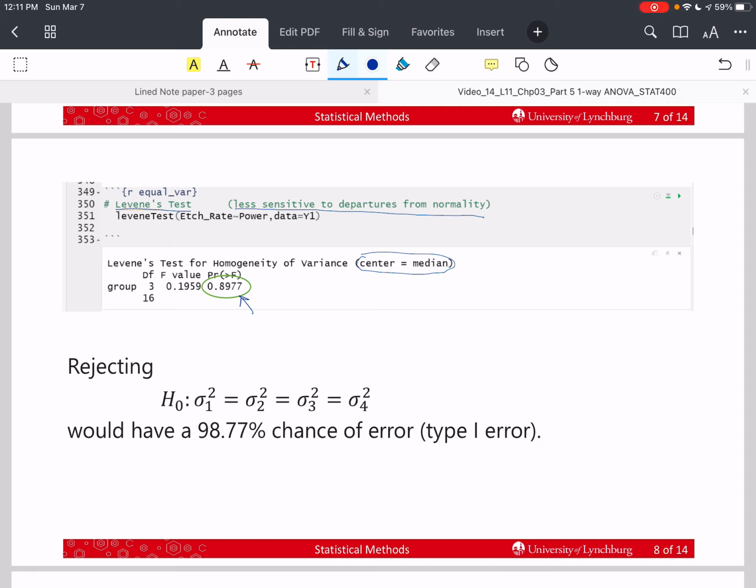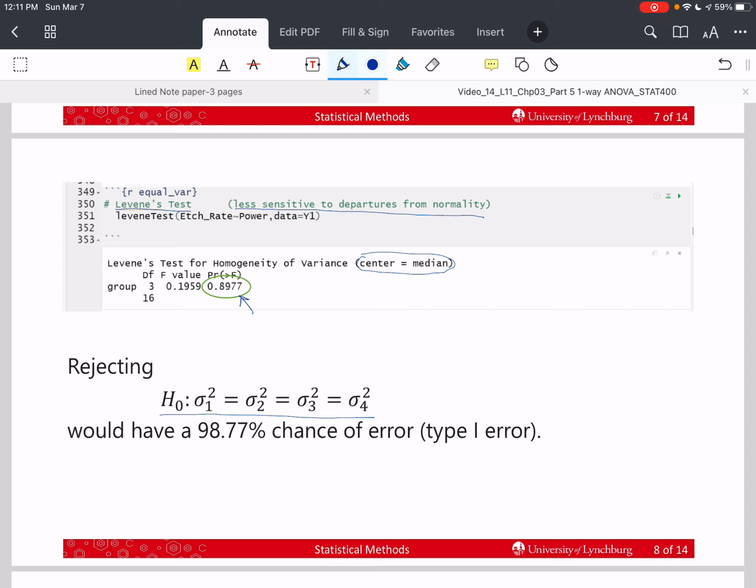So let's think about what this means again. Our null hypothesis is that the variances are equal. Remember, we can never prove the null hypothesis. We can reject the null in favor of the alternative when the type 1 error is really small, or the p-value, the probability of making a mistake, rejecting the null when it's actually true.